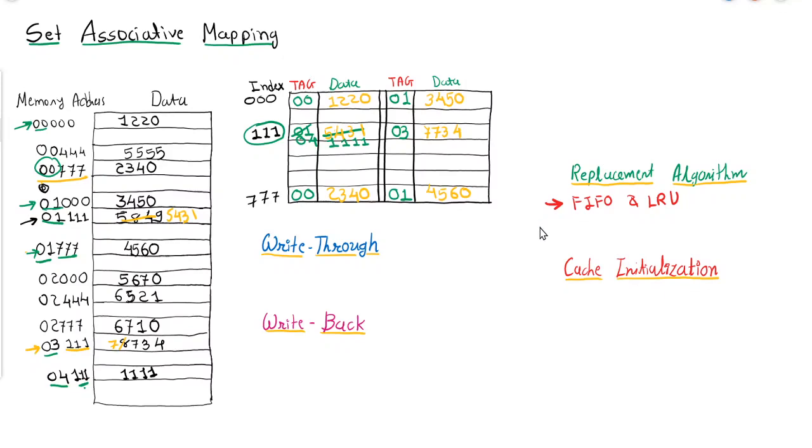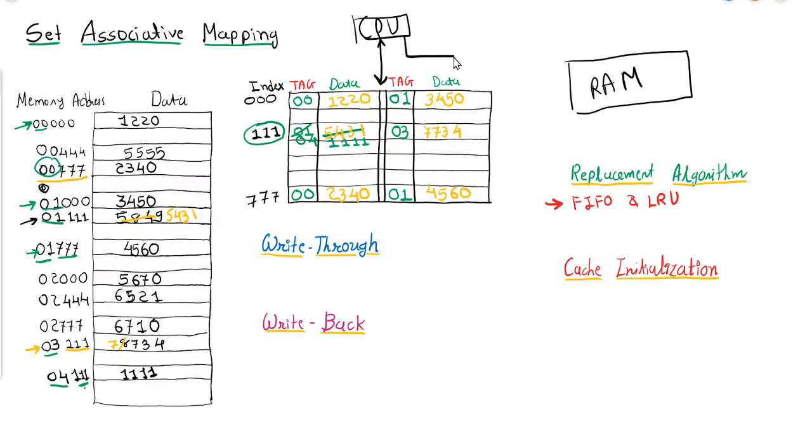Let us discuss what write through and write back are. Till now what we have discussed is that the CPU will every time bring data into the cache memory, and then every time it will use the data from the cache. But how is the CPU updating the RAM? Whatever data the CPU is using from this cache memory, how is that data reflected into the RAM?